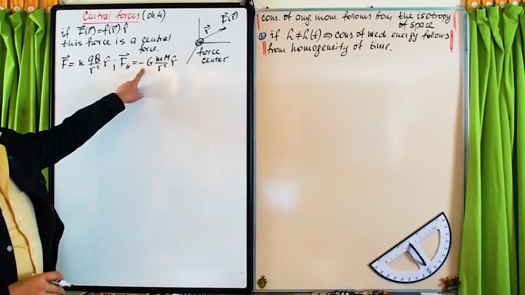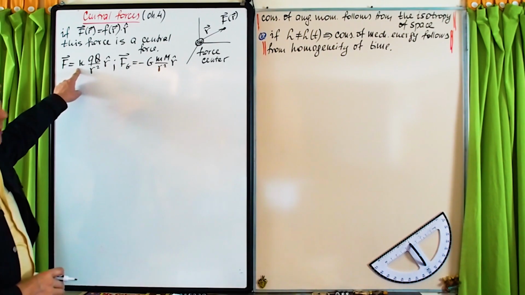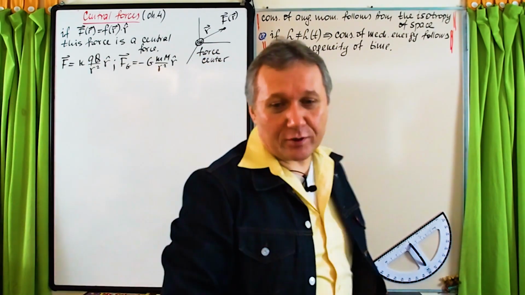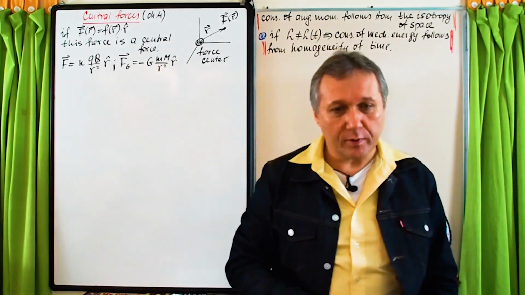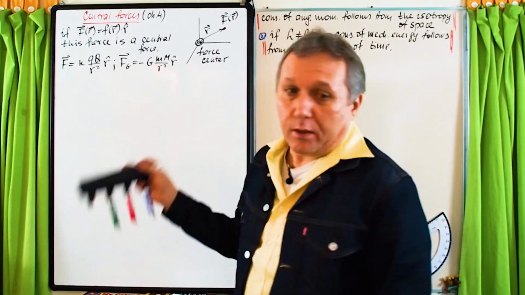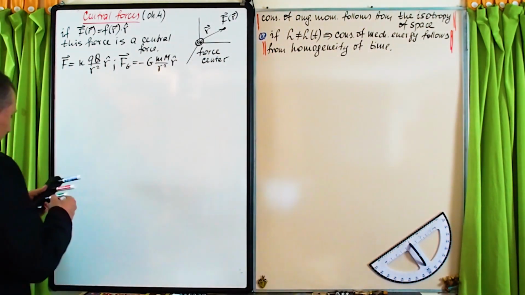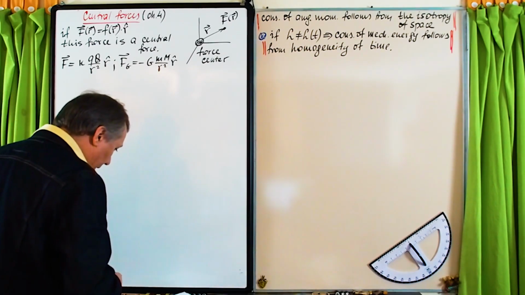Here minus, because it's all the time a force of attraction. For the electric force, I didn't put any plus or minus because it depends on the sign of the charges, q small and Q capital. So it can be a force of attraction or repulsion, but both of them are examples of central forces. Of course, you can come up with more complicated examples, but these are the most typical.